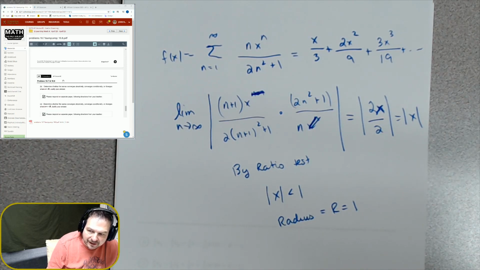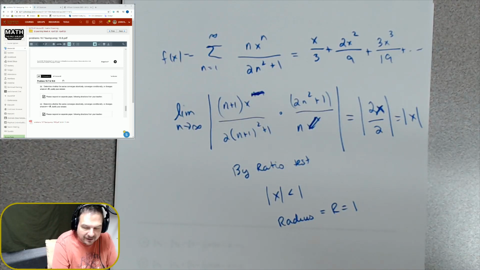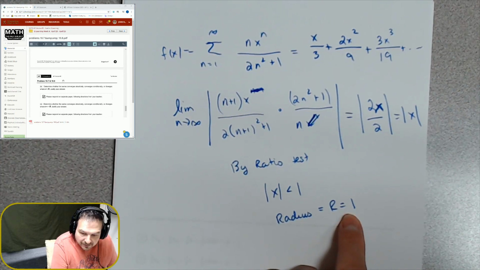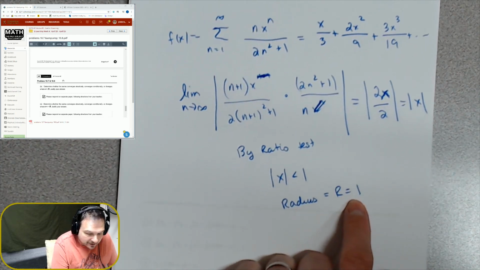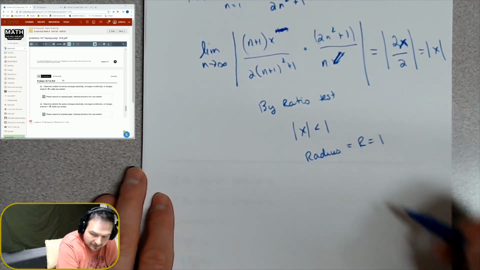Okay, now it says, does the series converge? This is part B, and remember, stop me if you're stuck. There's a little delay here, so it'll take a little bit, but just tell me if you have a question. Determine whether the series converges absolutely, converges conditionally, or diverges when x equals r. Okay, r we just figured out was 1. So when I plug in 1, everybody see what I'm saying?